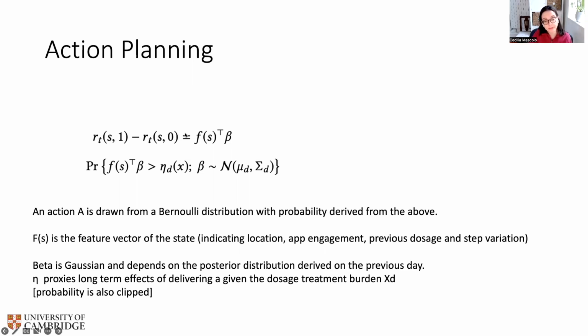And in their system, this is equivalent to considering a vector of features, which are defined quite loosely, but they include the location of the user, the app engagement of the user, the previous dosage, so how many messages the users have received, and the step variation. All of these are summarized in a feature vector, which is multiplied by a Gaussian distributed variable, a random variable.